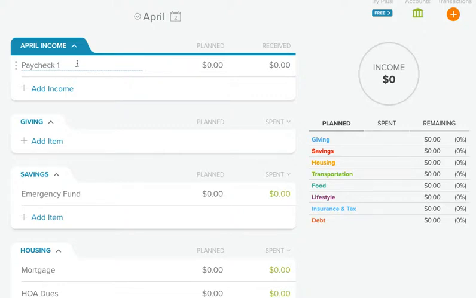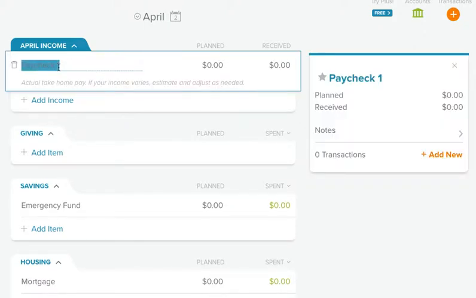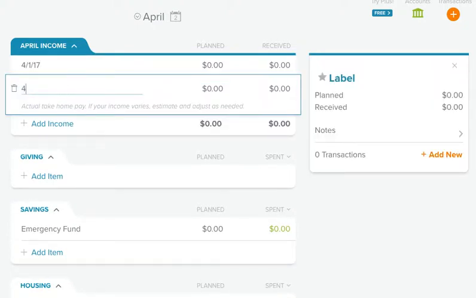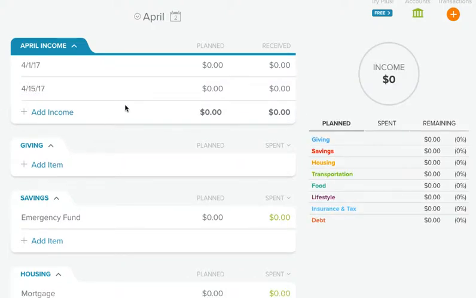So instead of using the prior month's dates, I'm actually just going to say April 1st and April 15th for the paycheck because I already know it's going to be exactly the same amounts for every check. So let's see. This one would be the 1st of April, and this one I'll set it up for the 15th since I already know what it's going to be.